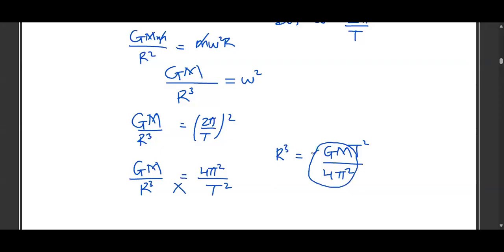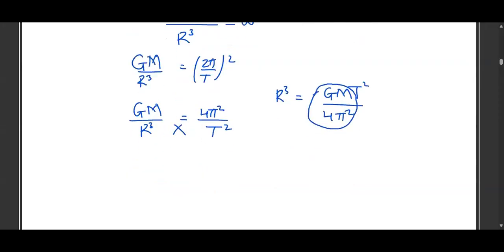Now as you see, this part here is a constant. So I can simply say that my r cubed is directly proportional to T squared, whereby the constant k is given by GM divided by 4 pi squared.